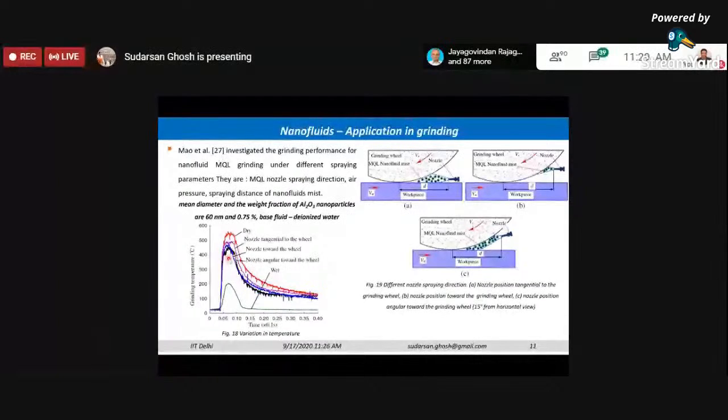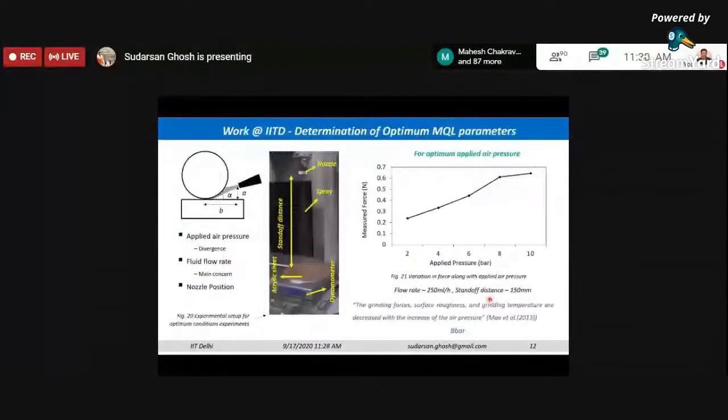When we are using the nanoparticle fluids, the results may be even better. In this figure, we are now using the MQL nanofluid mist. We have different positions of the nozzles, and depending upon the different positions, the efficacy of the nanofluids in reducing the temperature will be different.